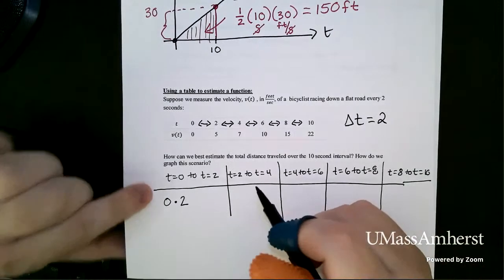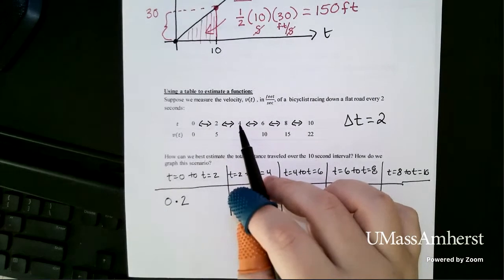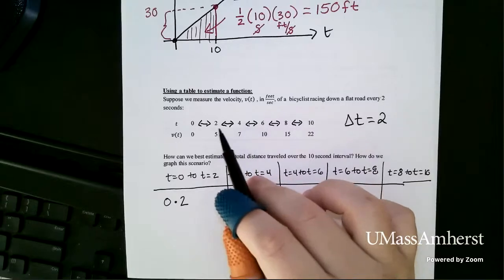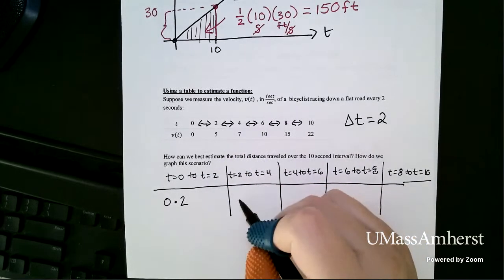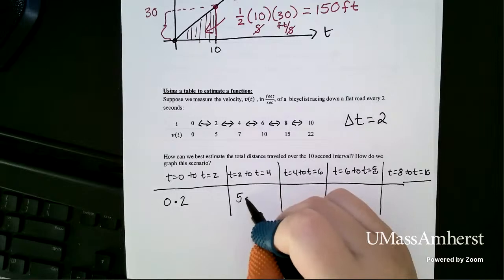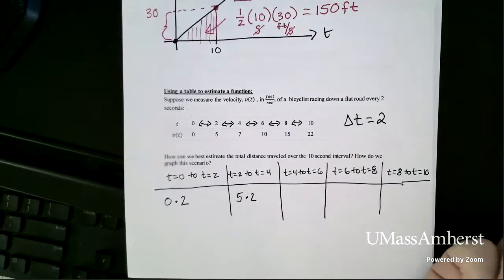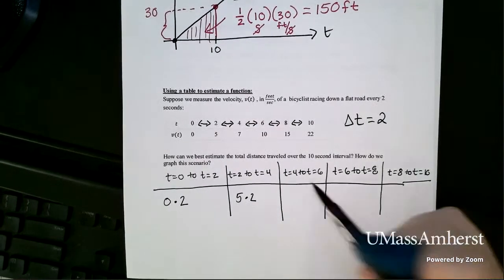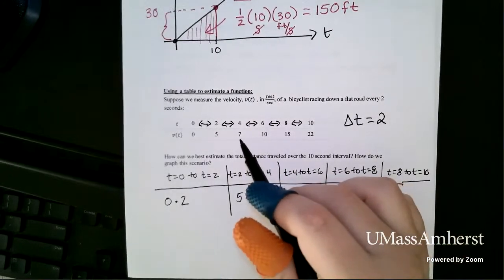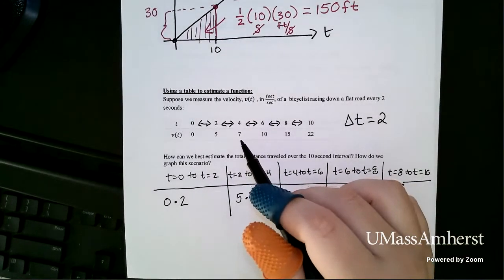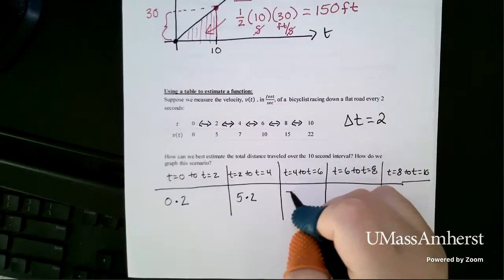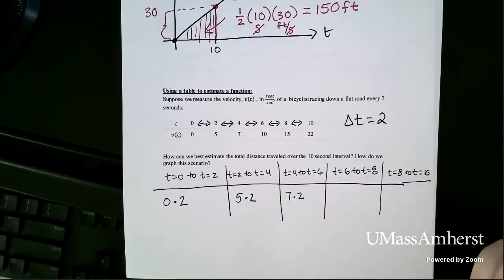From time equals 2 to time equals 4, I'm going to pick the rate on the left. So now my rate is 5 times time, again, another 2 seconds. From time equals 4 to time equals 6, I pick the rate on the left. I'm being consistent in how I'm picking this. 7 times 2.